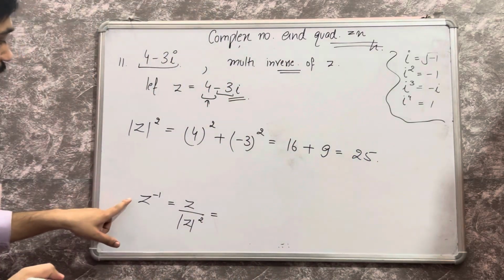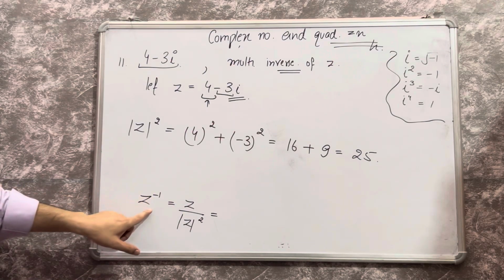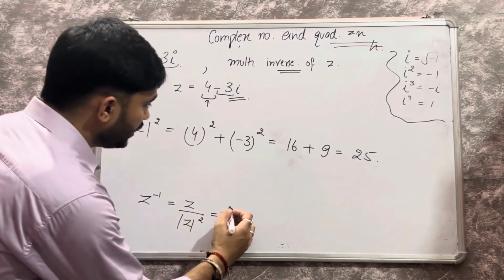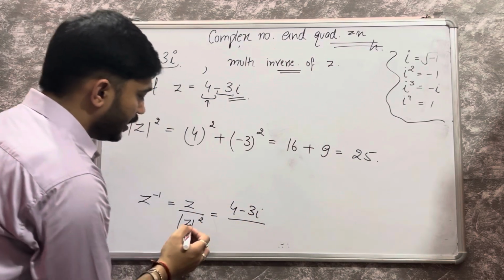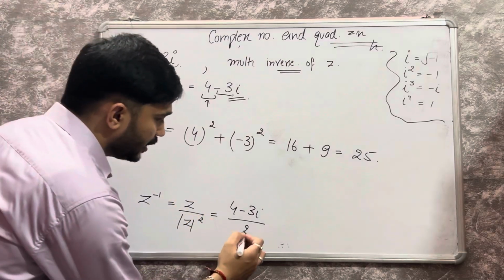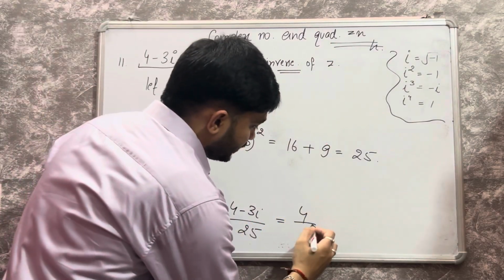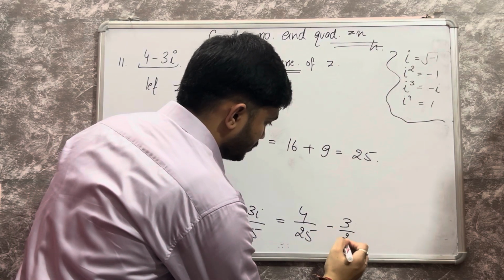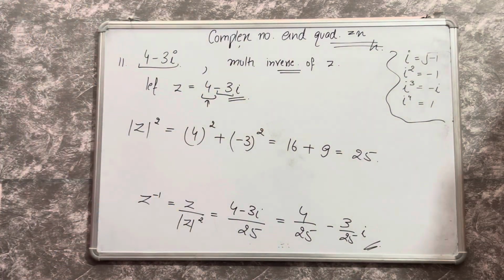So the multiplicative inverse of z will be equal to z bar upon mod z square. So it will be, what is the value of z? 4 minus 3 iota, and mod z square value we have already calculated is 25. Separate this 25 with both the numbers and this will be the answer of this question. Any doubts?